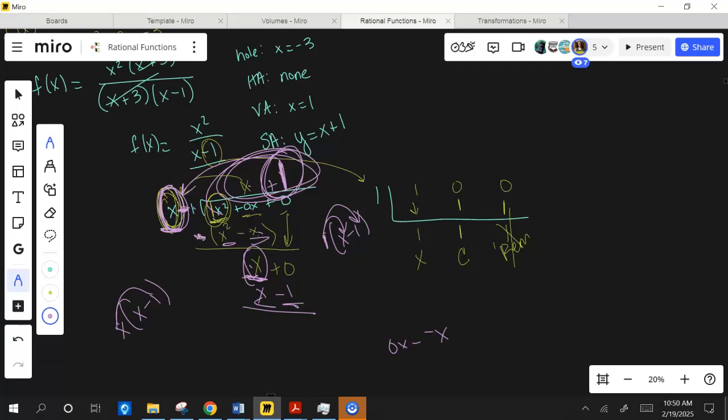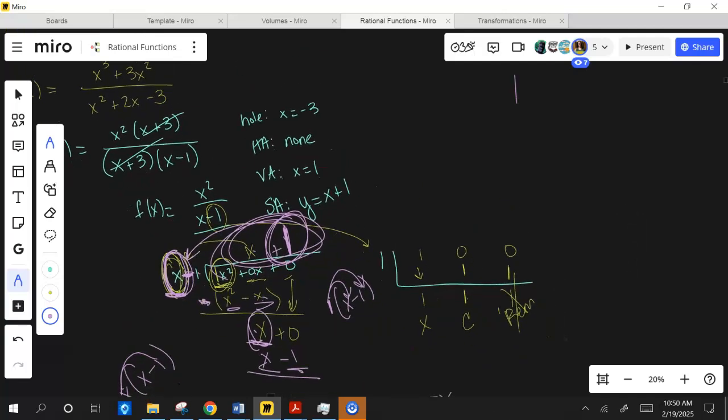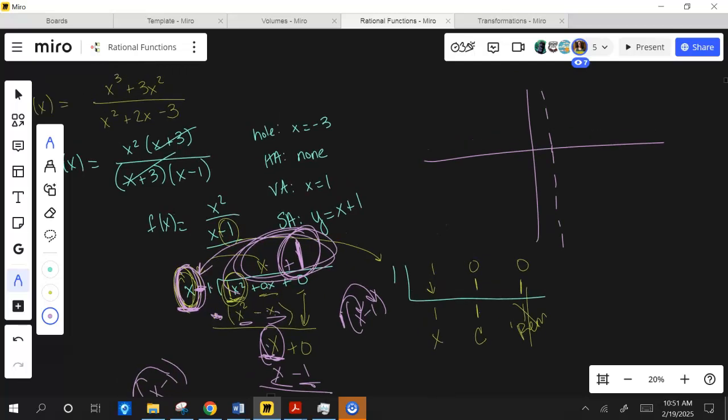Okay, what does that look like on a graph? Well, right now, and we've not even graphed the rest of it, I've got a vertical asymptote at 1. I've got a hole at -3, wherever that happens to be. We'll do that in just a minute.